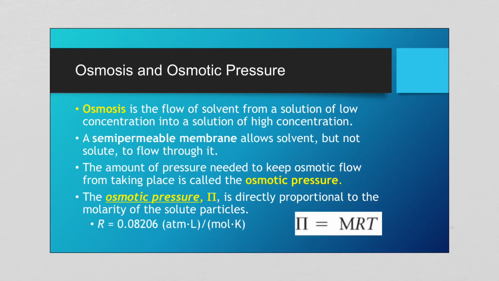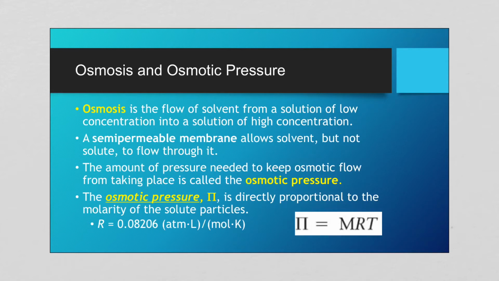Now, this flow is natural. It's going to occur. If we want to stop that flow, we can apply pressure to the high concentration side of the solution, and we can prevent osmosis. And the osmotic pressure is the pressure necessary to stop osmosis, so to stop this flow of solvent.